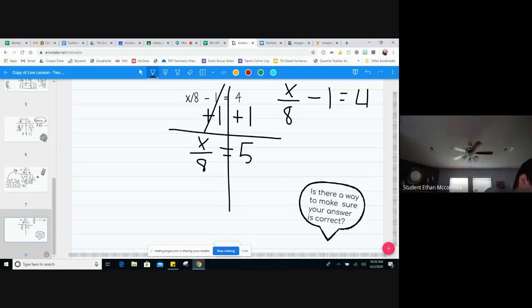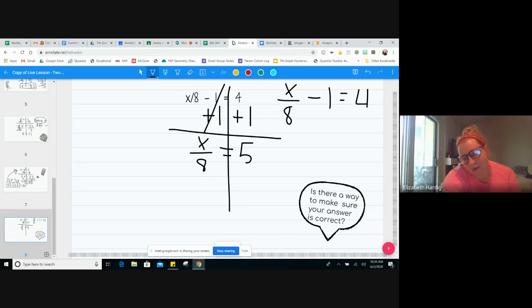Okay. So do I have a number in front of the x? Or is it just x divided by 8? That's really saying 1/8 of x. So x divided by 8 is actually the same thing as 1/8 of x.